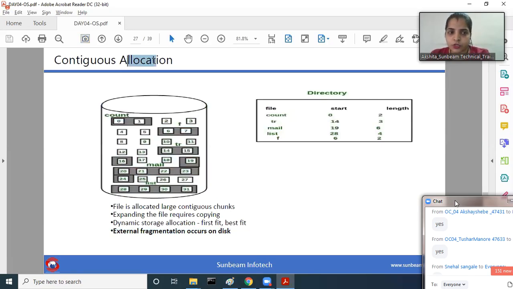For contiguous memory allocation, your operating system maintains a directory structure having 3 fields. One is the file name, second is the start location, third is the length of the file. Did you get it? What do you mean by contiguous memory allocation? We are talking about disk allocation. Everyone understood?